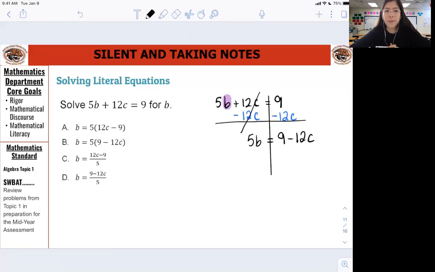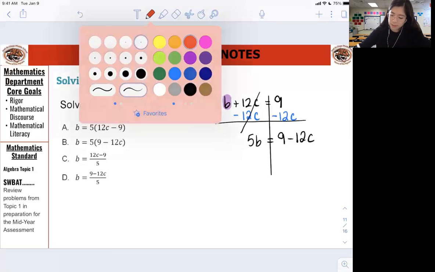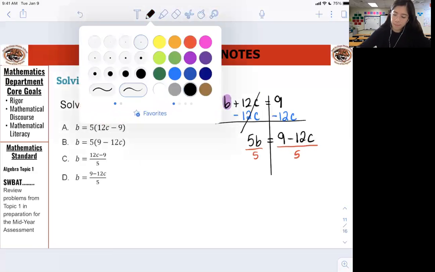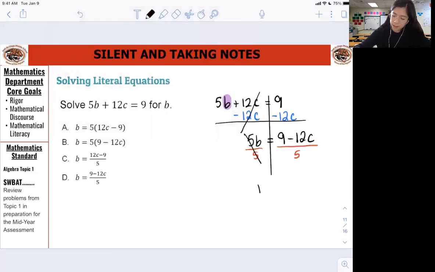Okay, well now I have this 5. How do I get rid of that 5? Division. Yeah, dividing by 5. And I have to divide by 5 all the way across. So my final answer, you can't actually divide anything. Nothing divides by 5, so I just leave it the way I have it. Oh, I thought you were going to put it in a fraction.